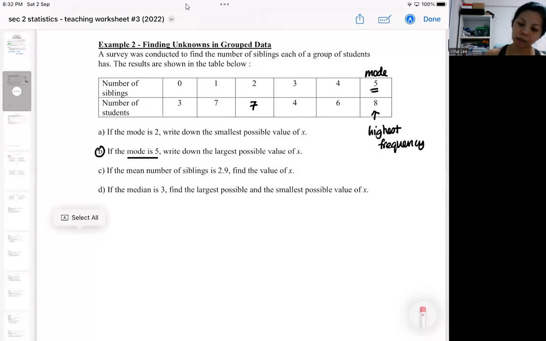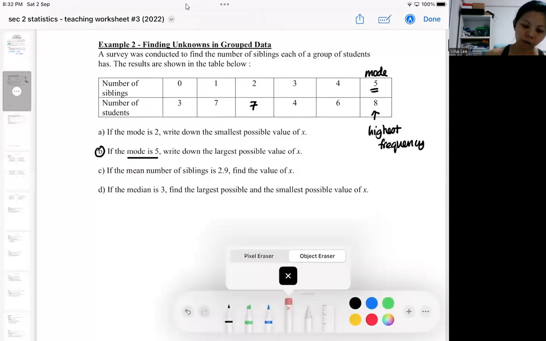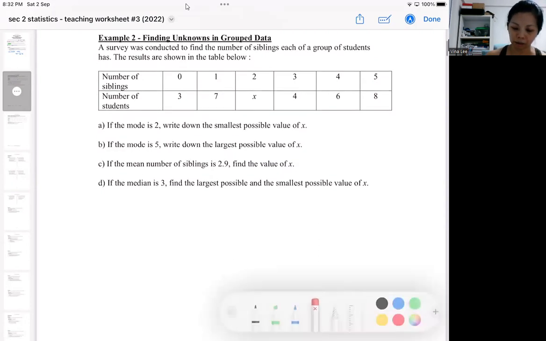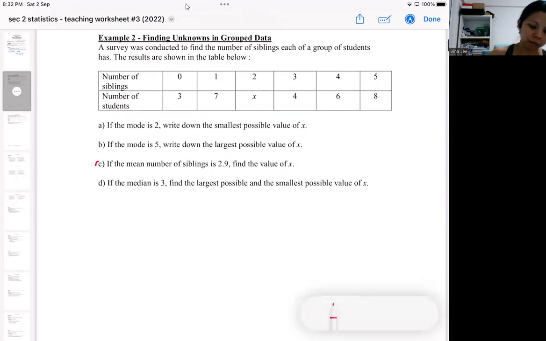Part C will be quite easy if they tell you that the mean is 2.9. But some students will easily get stuck on part C. If you can think backwards, mean is actually very easy.